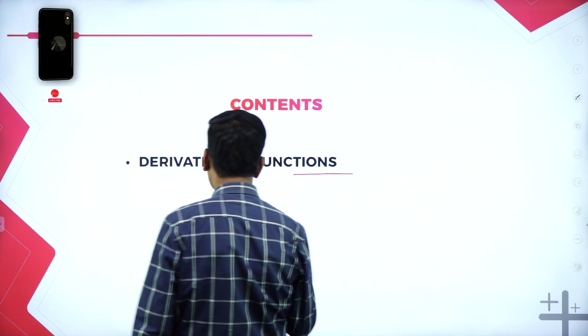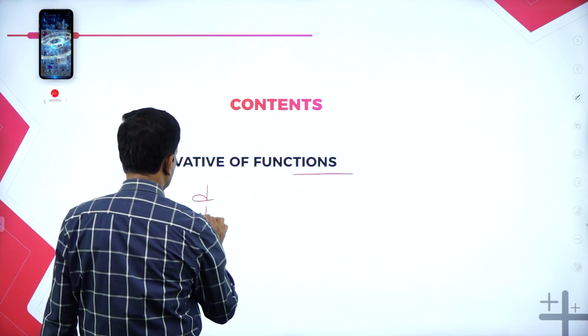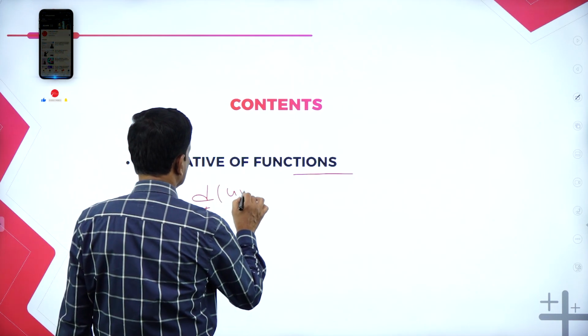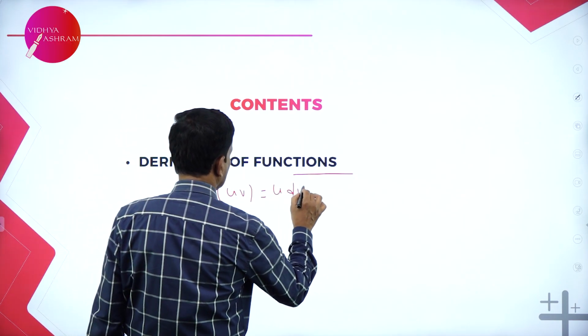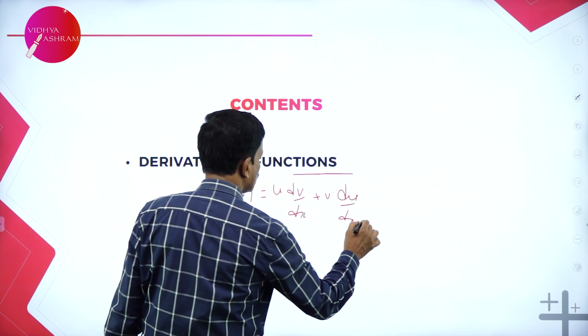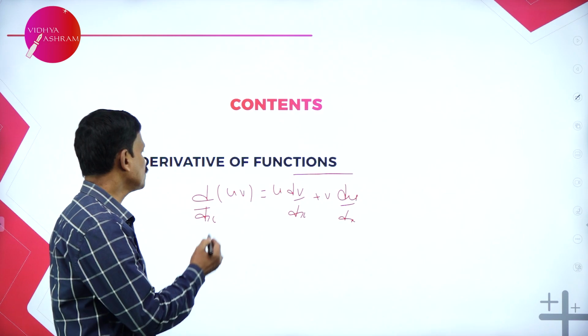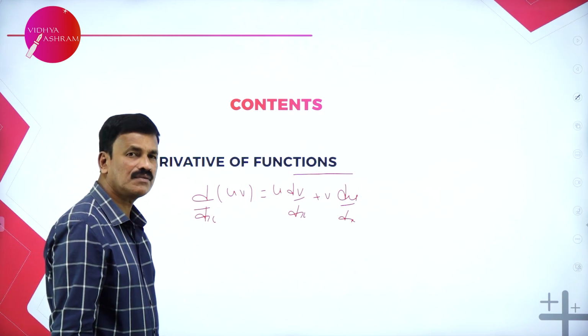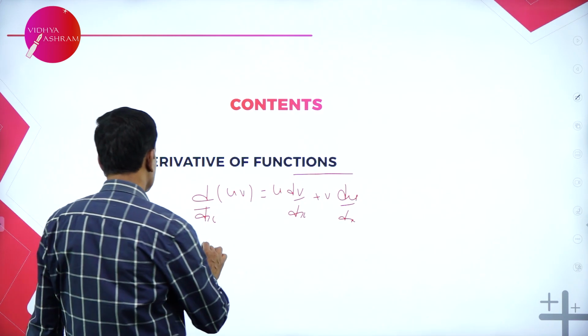Let us recall the product rule, that is d by dx of uv is u into dv by dx plus v into du by dx, that is first function into derivative of the second function plus second function into derivative of first function.